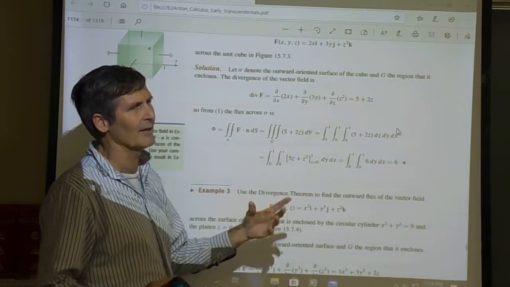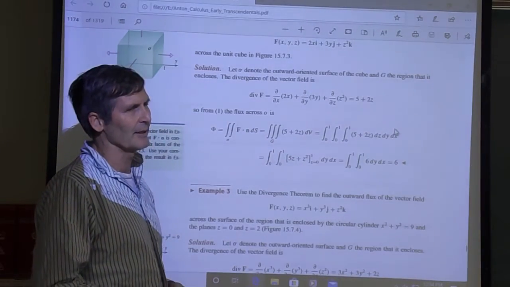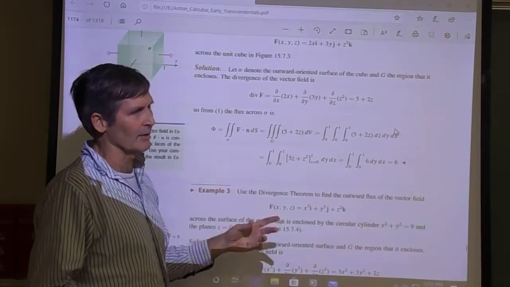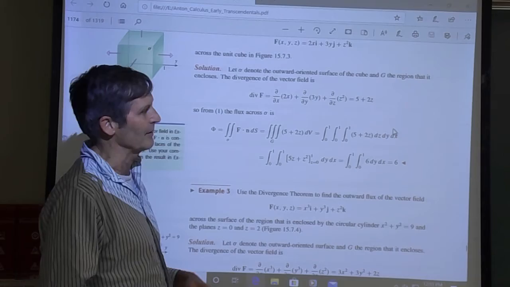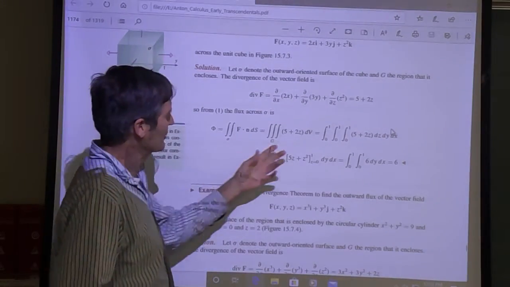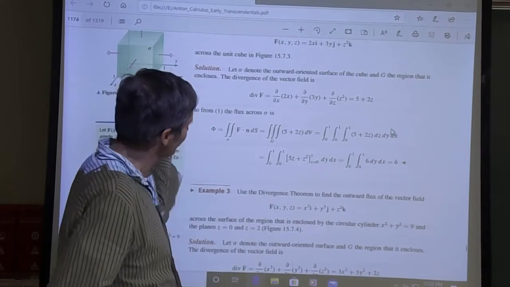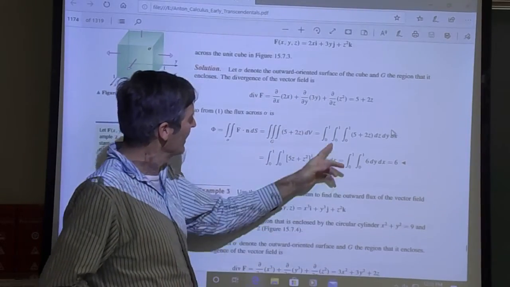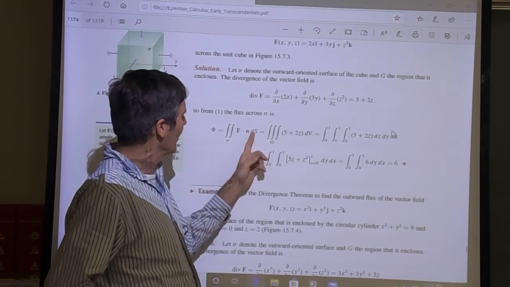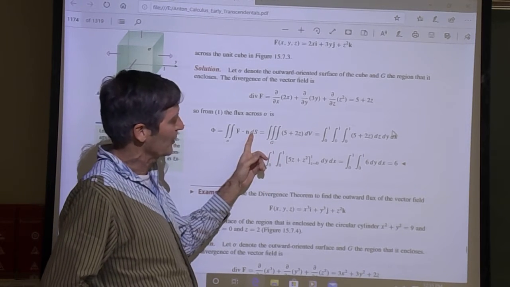It's just like when you use the theorem for evaluating line integrals, you had to have f be a conservative force. Similarly here, you want a closed surface and a field with continuous first partials.